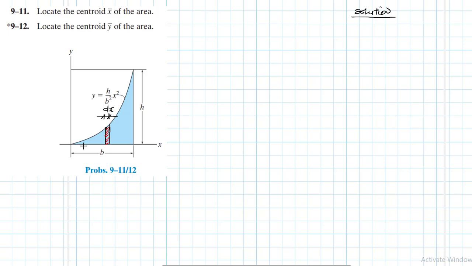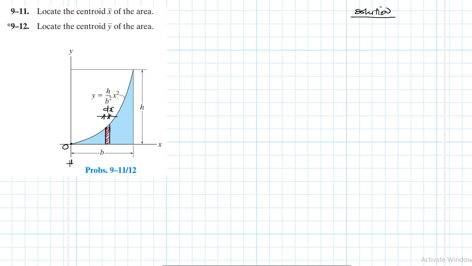Once we've done the cutting of that particular area, we'll need to name it. This small strip will have its own centroidal axis. This point here is the starting point, the reference.